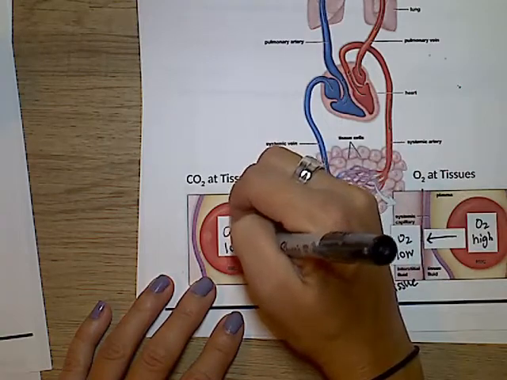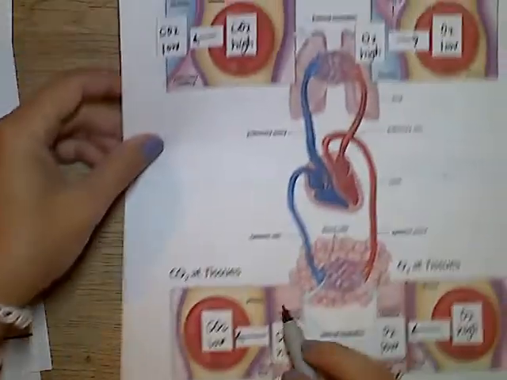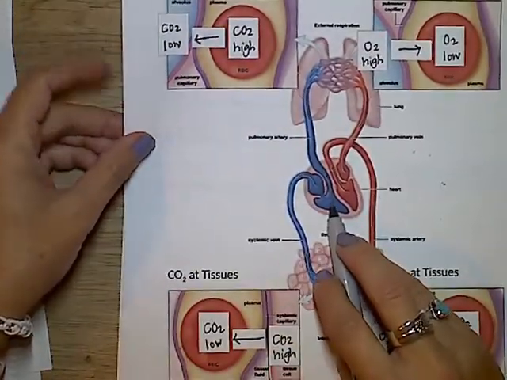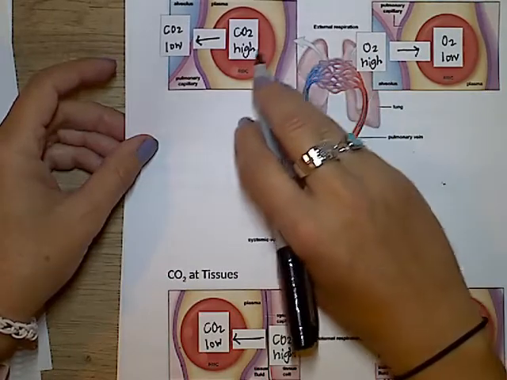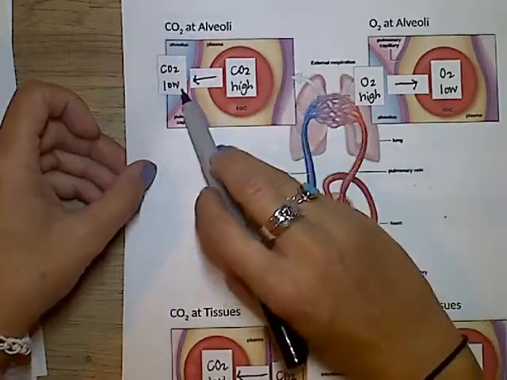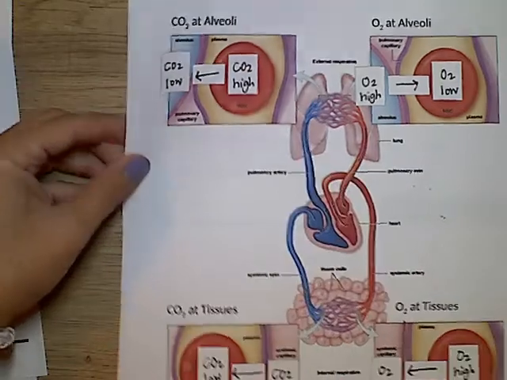So the CO2 will go into the red blood cells, and then from the tissues into the heart, it will get pumped to the lungs. The red blood cells will drop it off, and you will exhale it.